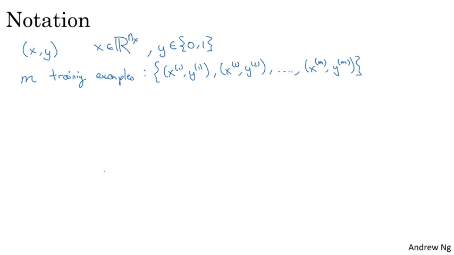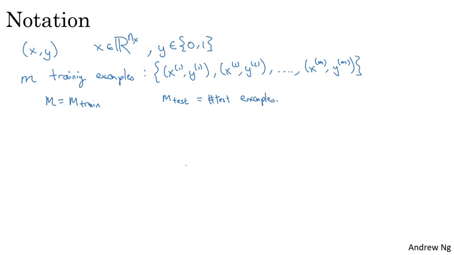I'm going to use lowercase m to denote the number of training examples, and sometimes to emphasize that this is the number of training examples, I might write this as m subscript train. And when we talk about a test set, we might sometimes use m subscript test to denote the number of test examples.